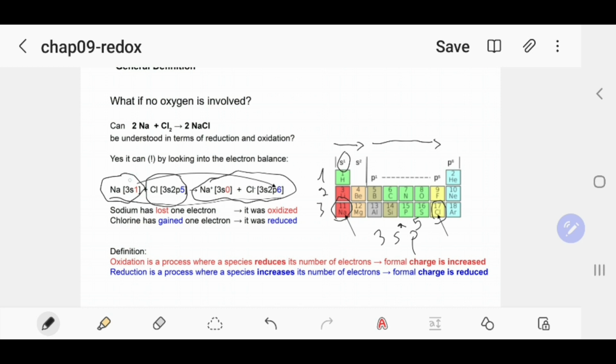Now, if we go from chlorine to Cl minus, what happens here? One of the electrons residing in the last orbital of sodium is transferred from the orbital of sodium to the orbital of chlorine. By this, we get an excess electron for the chlorine, and that's why instead of p5 now we have p6.